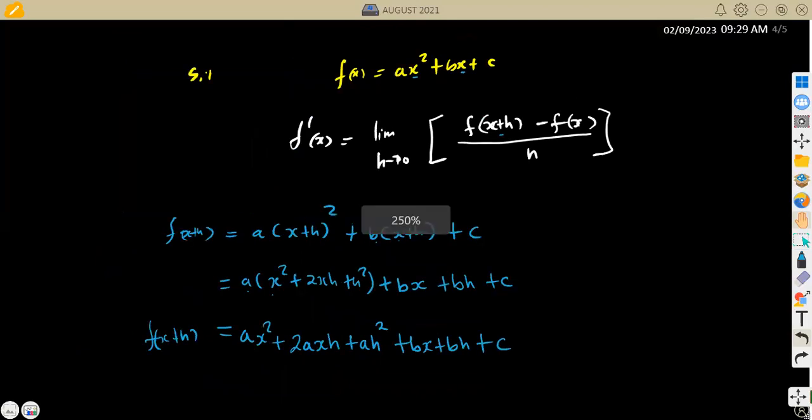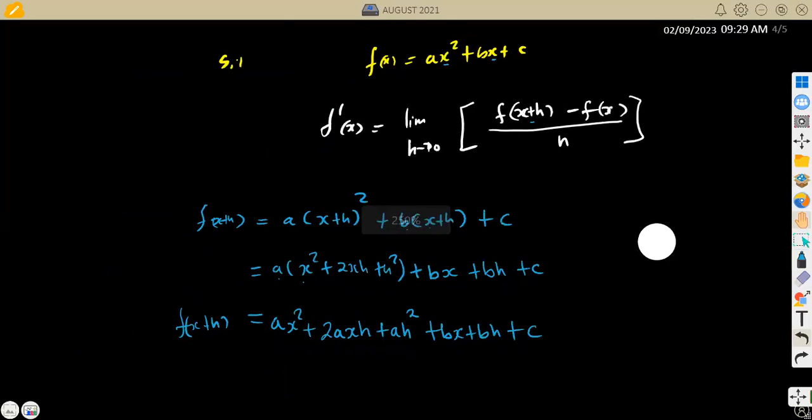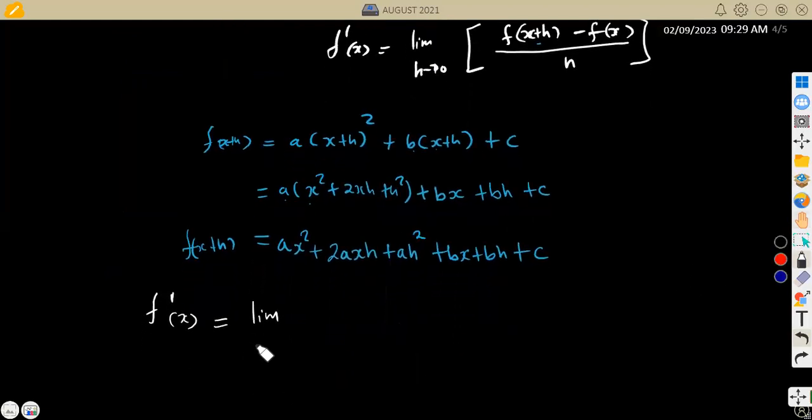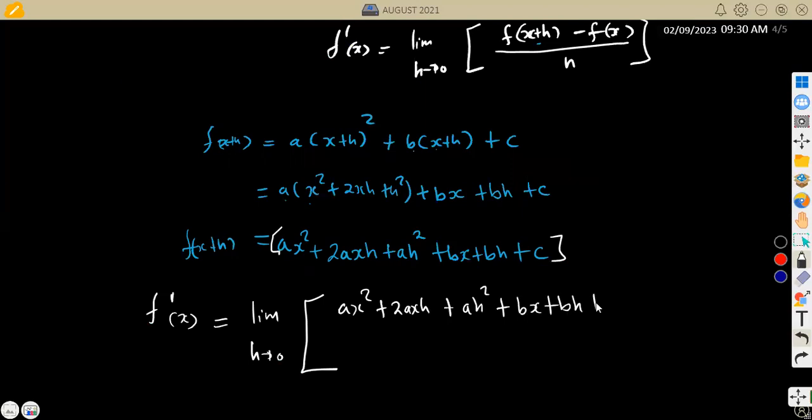But on the formula, if we check back again, we need f of x plus h minus f of x. So this is what is going to happen here. We shall have the first derivative with respect to x as the limit as h is approaching 0 of f of x plus h, which is the expression we obtained: ax squared plus 2axh plus ah squared plus bx plus bh plus c.